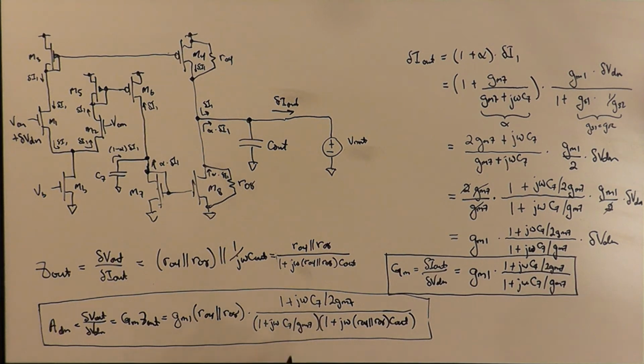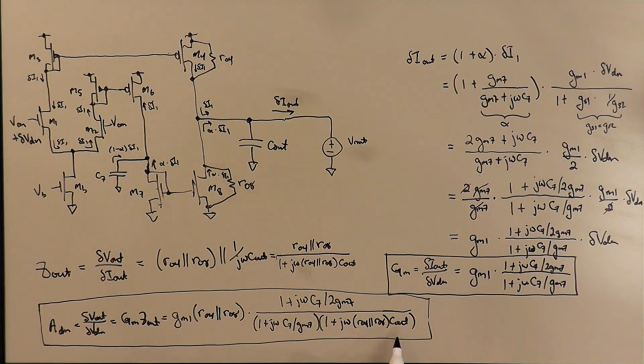One is going to be a 0, and one is going to be a pole. And it's interesting to think about at what frequencies these new factors come into play. Okay, so if we think about this RO4 parallel RO8 times C out, that's an RC product.